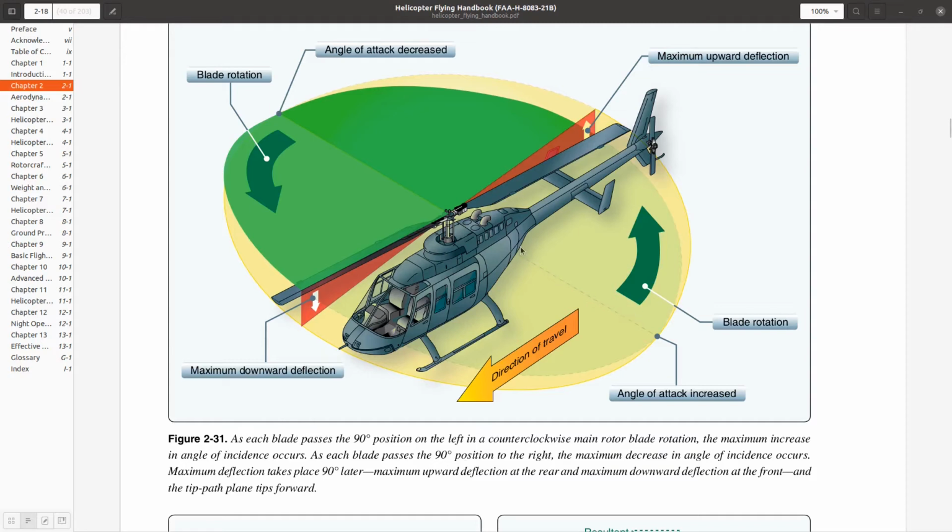All right, so here, as I come around, I'm producing less lift, so my angle of incidence is going to go down. And then that force is felt 90 degrees later with an upward deflection of my rotor. And then here I have the angle of attack increased, and that is felt 90 degrees later, so I get the maximum downward deflection of my rotor.